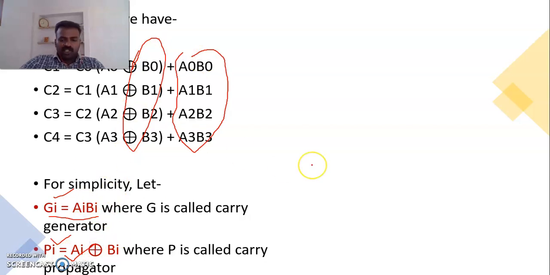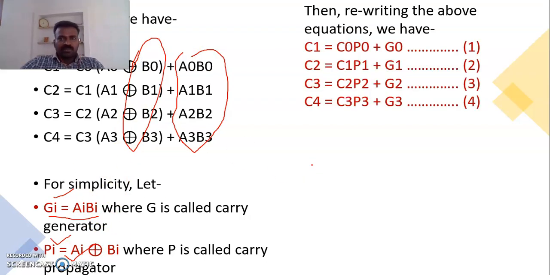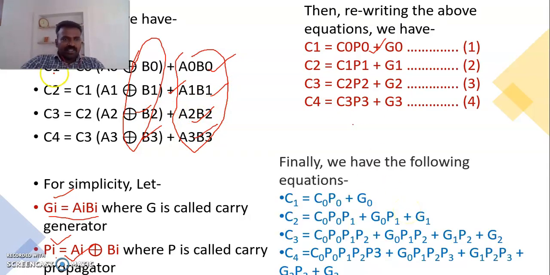Let's rearrange this expression. We get C1 equal to C0 P0 plus G0, where P0 is the exclusive OR term and G0 is the AND term. Then P1, G1, P2, G2, P3, G3. Finally C1, C2, C3, C4 are replaced like this. The first one is C0 P0 plus G0.